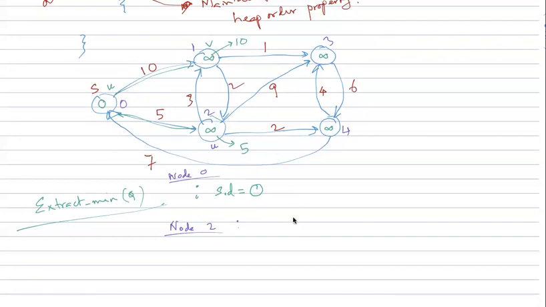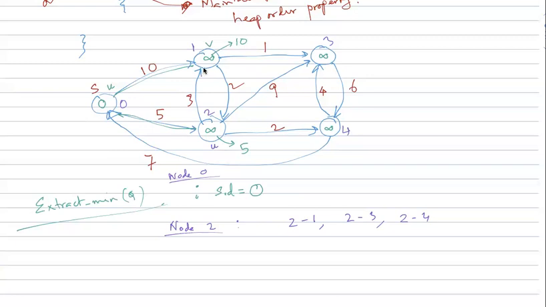So the edges to relax would be the edge going from 2 to 1, then 2 to 3, and 2 to 4. With respect to 2 to 1, can I improve on the D value of this? As you pointed out, this has got 5.